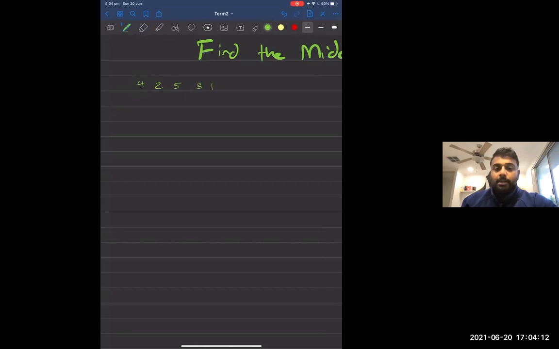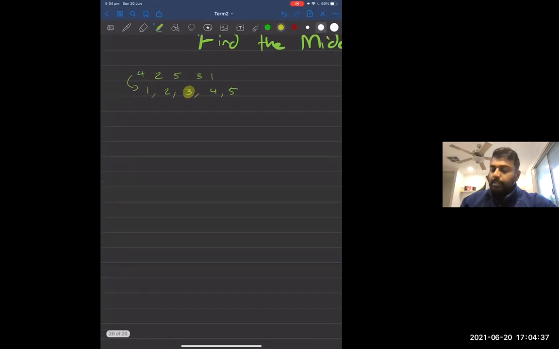Find the middle is when you have to rearrange this into its right order, and then you choose the middle value, which is 3. Melvin, is it the median? Well, yes, this is a median where you find the middle value, whichever is in the middle. So in this case, it was 3.